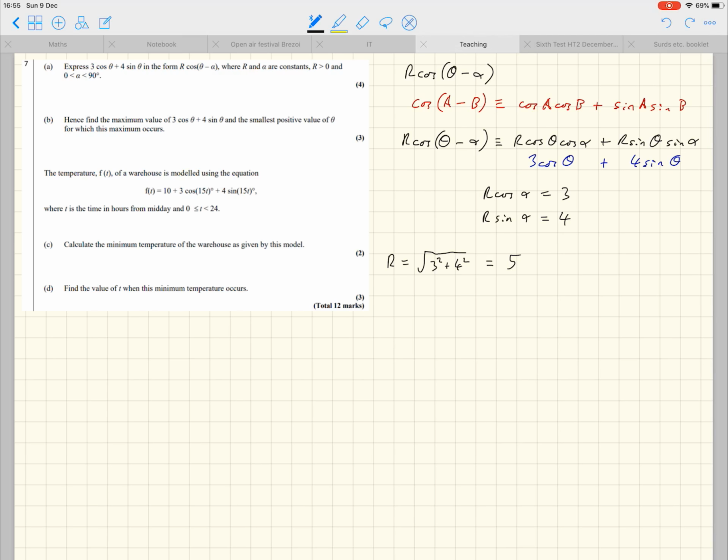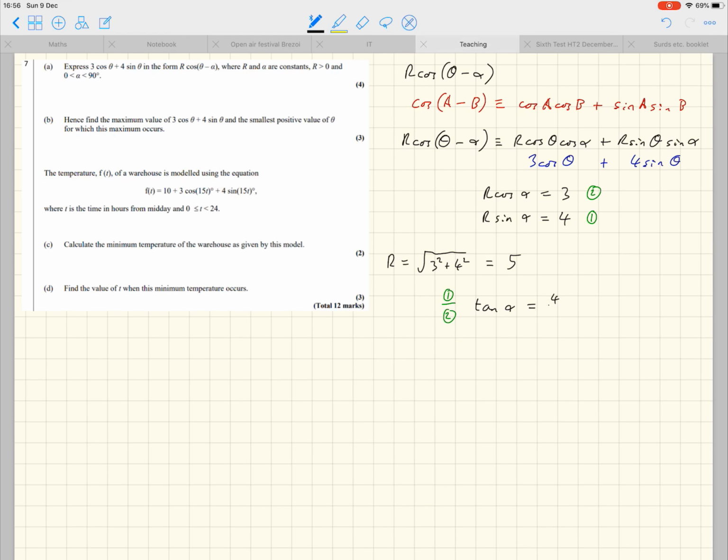But perhaps a more efficient method, if I call that equation 1, equation 2, is to do equation 1 divided by equation 2. Then we've got our sine alpha divided by our cos alpha, which is just tan alpha. The r's cancel and sine over cos is tan.